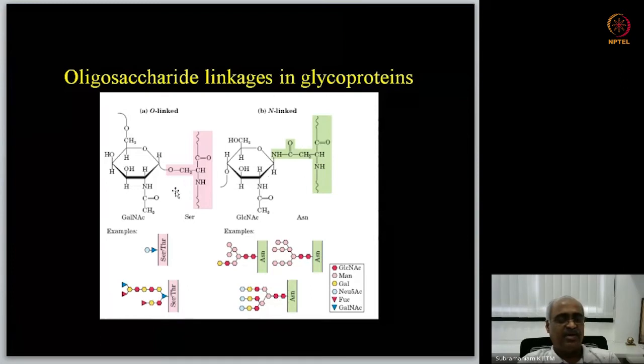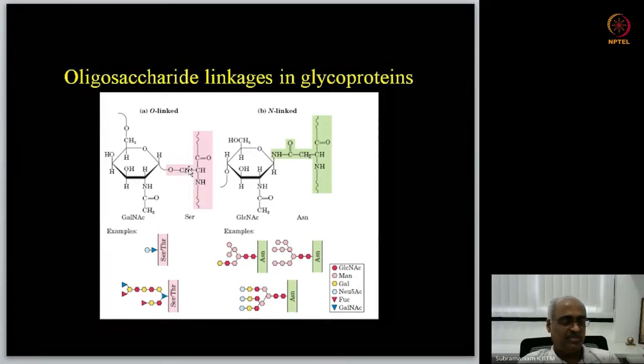Usually there are two types of linkages between carbohydrate and proteins. They are either via the serine or threonine hydroxyl group. So this is the side chain. This is the polypeptide in which you have the serine, with amino group and carboxyl group. It is in peptide bond with another amino acid, and here the carboxyl group is in peptide bond with the other one. This is the alpha carbon.